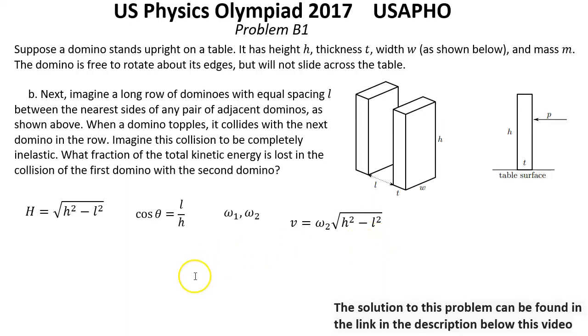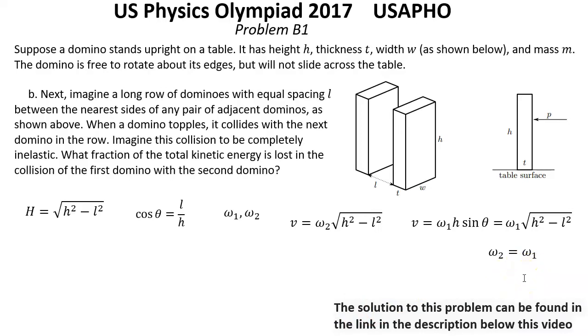And for the first domino, we have this horizontal speed equal to omega-1 multiplied by height h and multiplied by sine theta, which is omega-1 multiplied by the same square root of h squared minus L squared. We see that both horizontal velocities are equal to each other. It means that angular velocities are equal to each other too. It means that after collision, both dominoes have omega-2 equal to omega-1.